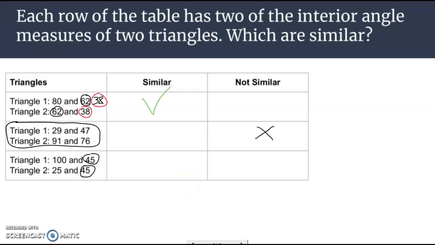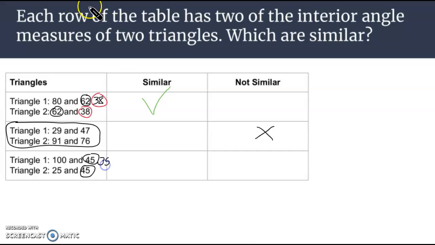Let's go down and check the third example, where the triangles have angle measures of 100 and 45, and 25 and 45. Let's do 180 minus 100 minus 45 to find the missing angle. For triangle 1, the missing angle measure is 35 degrees.